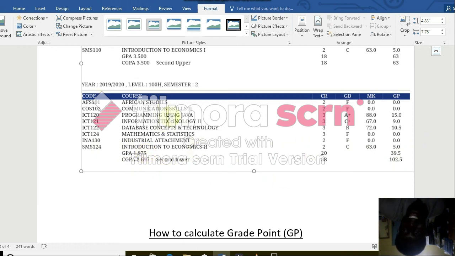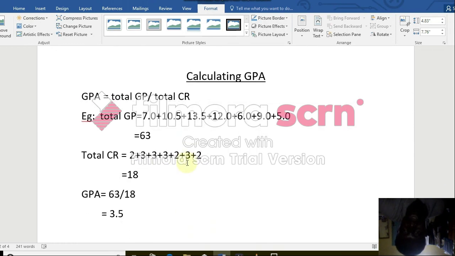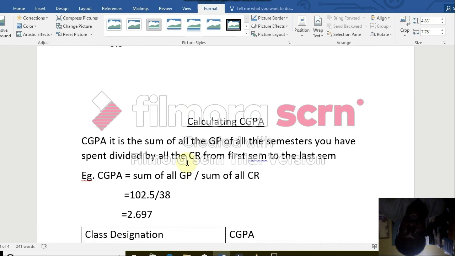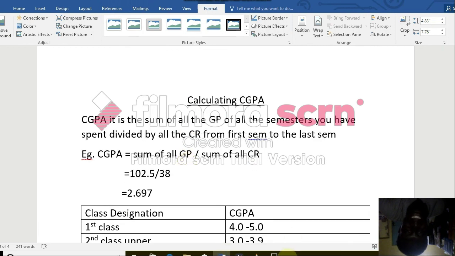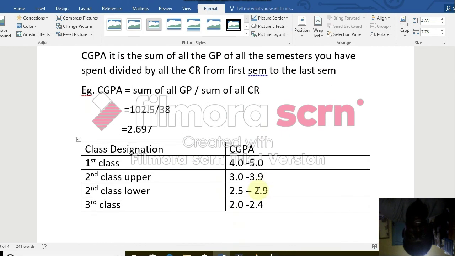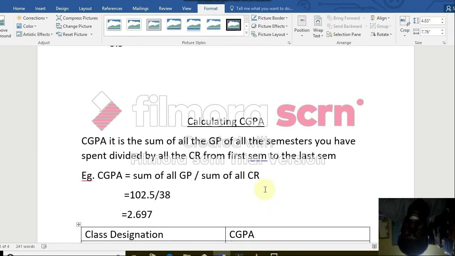But when they did the cumulative grade point average, adding the first and the second sem together, it gives 2.697, which gives you second class lower. So the person had second class lower. That's basically how to calculate the CGPA and the GPA.